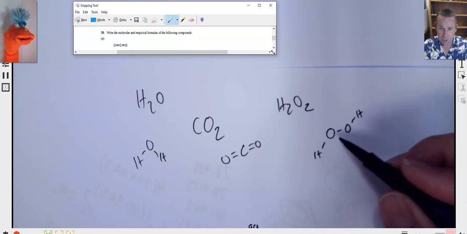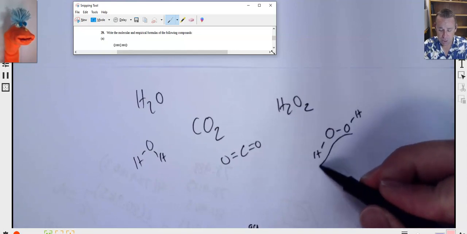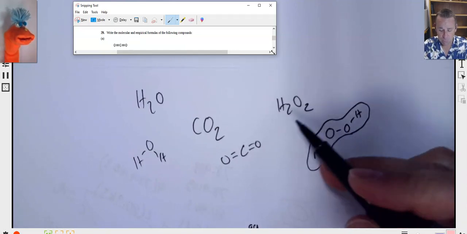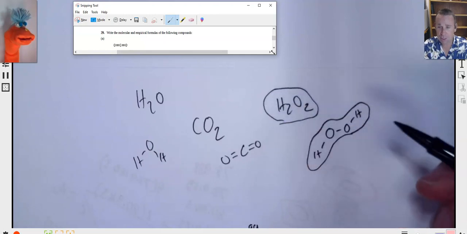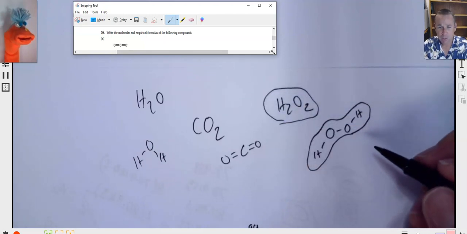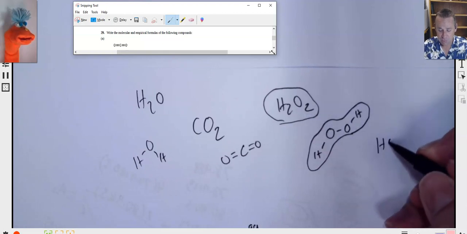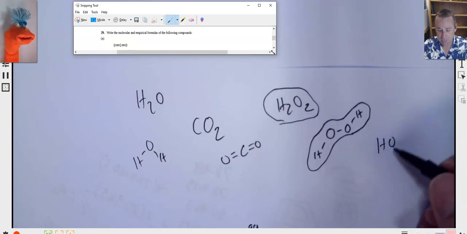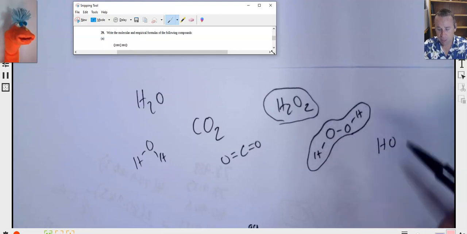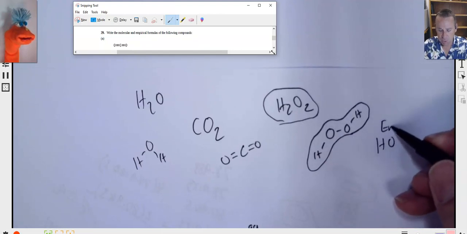So hydrogen peroxide, this is what it looks like as a molecule. Therefore, this is its molecular formula. However, we could have a simpler representation of this, just HO. Same whole number ratio, right? So this is what we call the empirical formula.